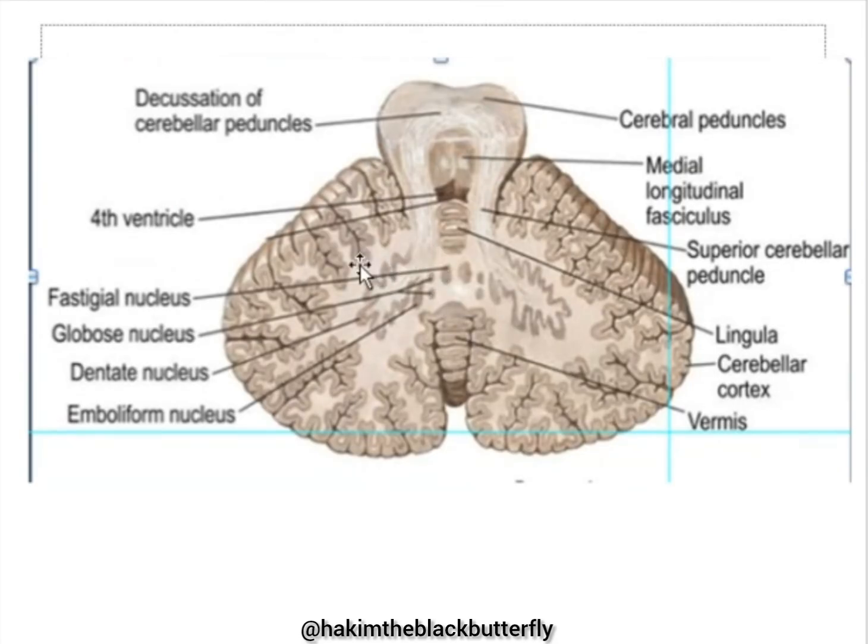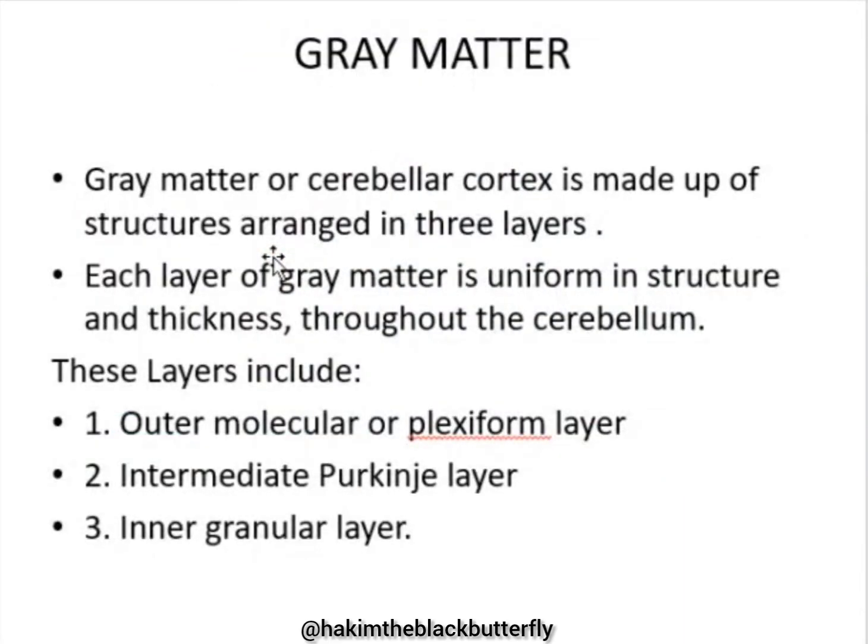Now let us expound on this cortex. It may look like a thin layer, but when you magnify this cerebellar cortex, it is made up of principally 3 layers.